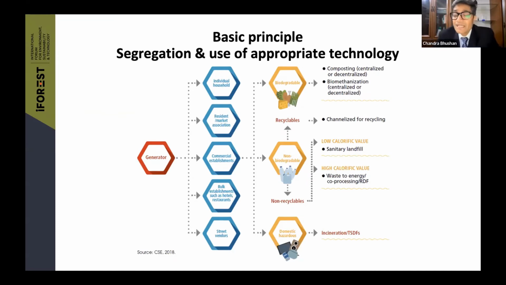So composting is a money-making business. Composting is not something that you only do as a social responsibility. So one, biodegradable waste can be composted. It can go for biomethanation, whether centralized or decentralized, and you can generate energy out of biomethanation. The slurry can again be used as a manure.